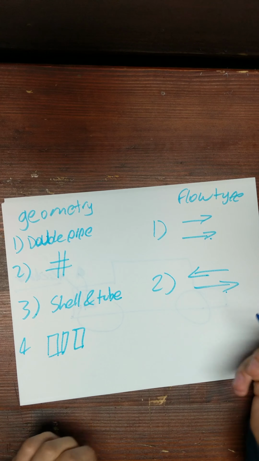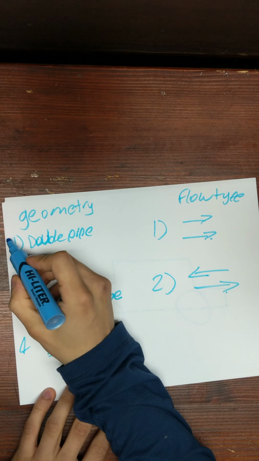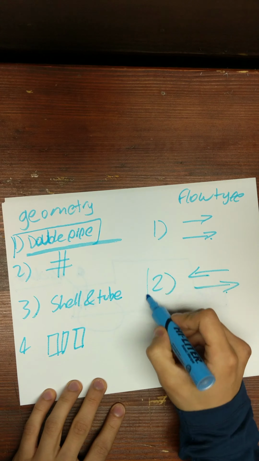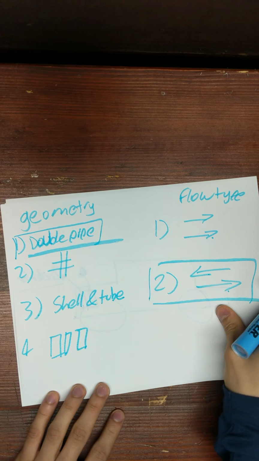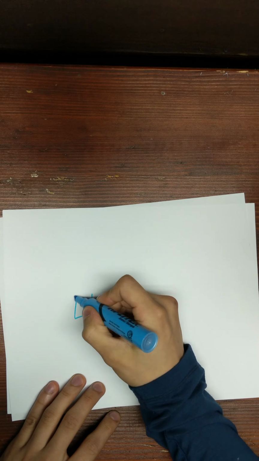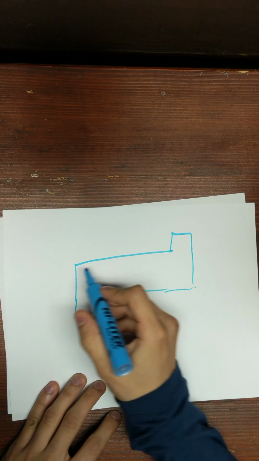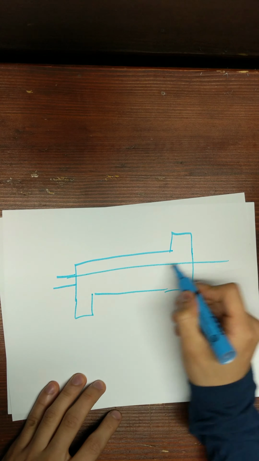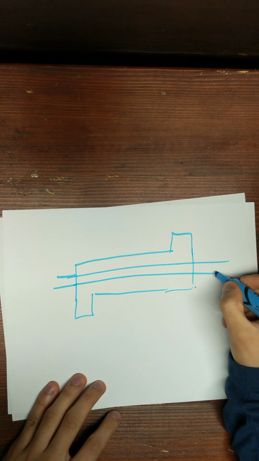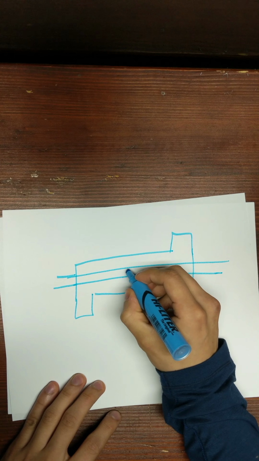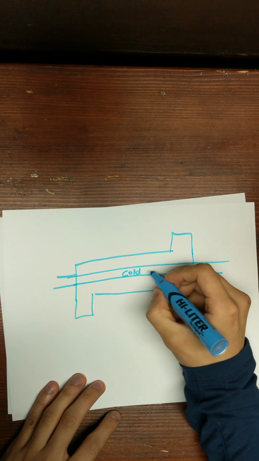So to give you a better idea how an arrangement would work, I'm going to be drawing out a double pipe counterflow system, which is very commonly used in industry. So a counterflow system would look as follows. One pipe would envelop another pipe, as so. So one pipe would run inside the other, and cold fluid, for example, would be the inner pipe.